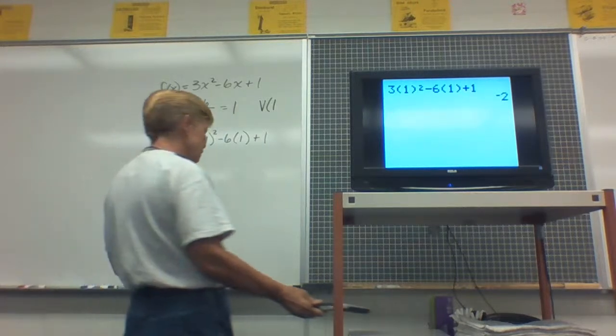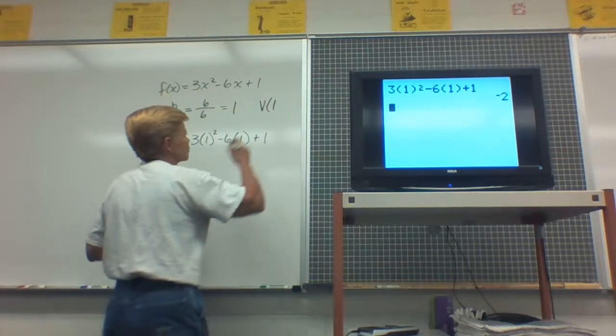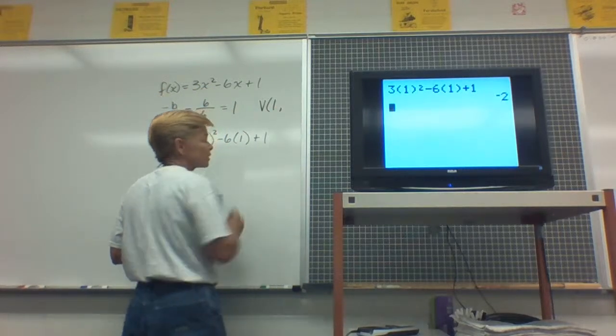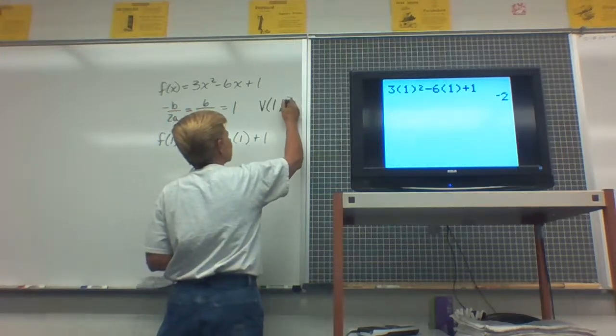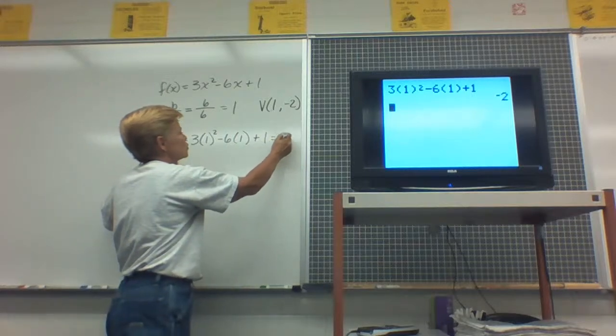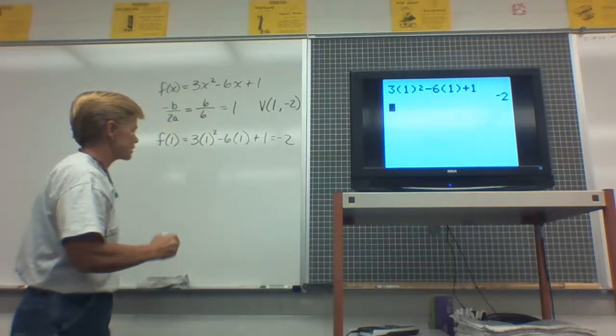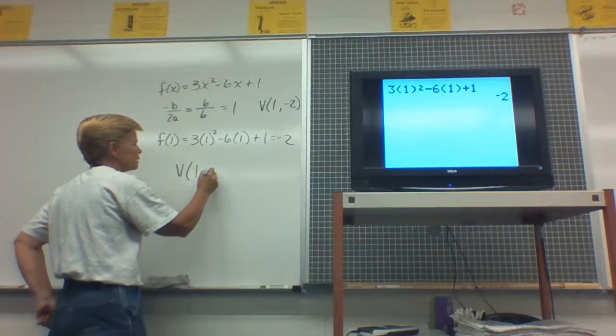In this case, it was really easy arithmetic because 1's a very nice number. When it's not, you can make your calculator do it. You can even convert it to a fraction, as you remember, which is math, enter, enter. So I get a negative 2 when I plug that in. So f of 1 turned out to be negative 2. So I know now that my vertex, I'm going to write it again, my vertex is 1, negative 2.